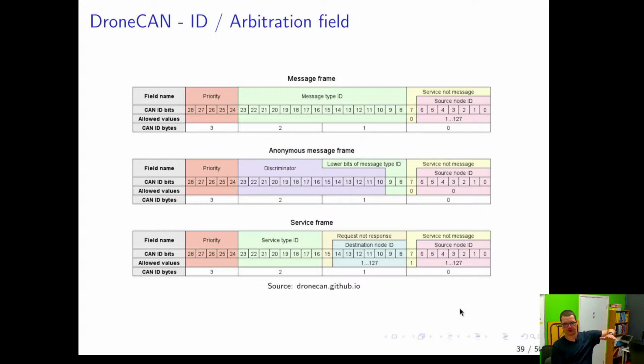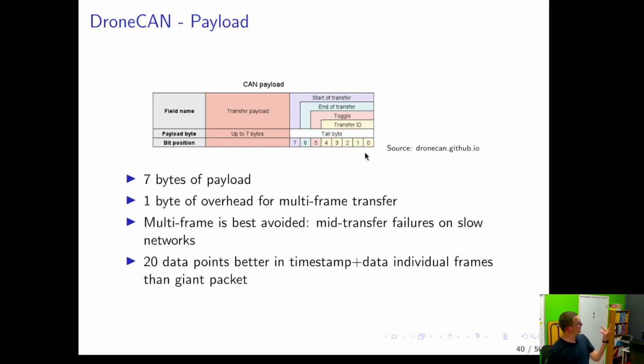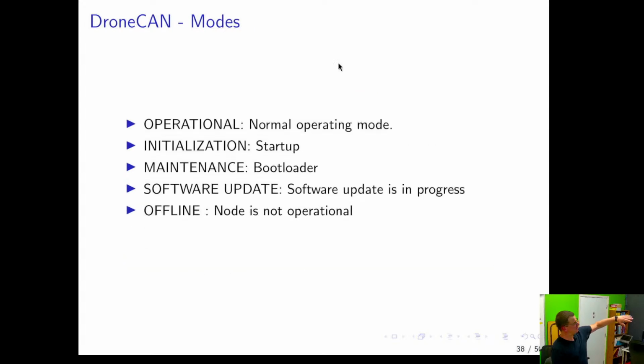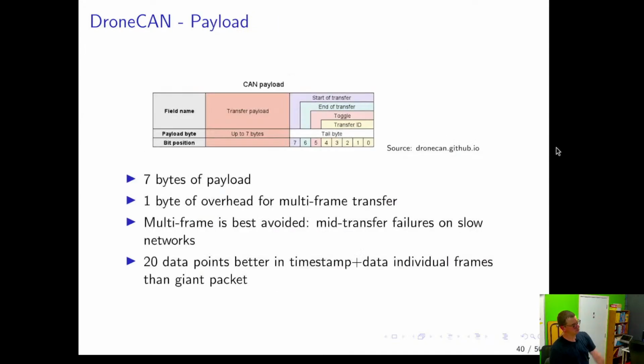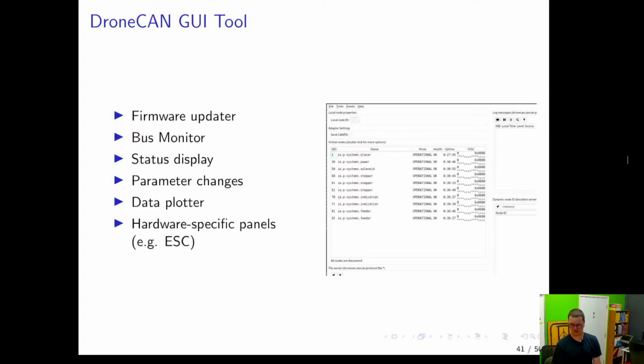The main things are these message type IDs. If you go on the website, there's a whole bunch of different messages with different IDs, and the IDs go in here. Does that answer your question?